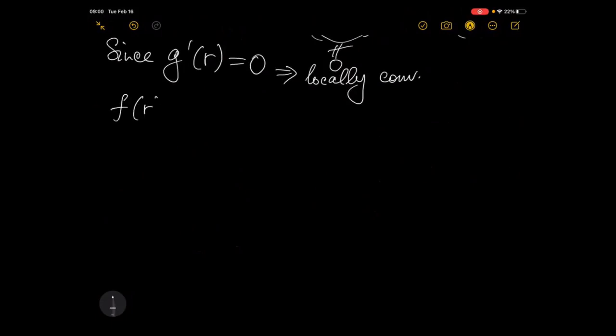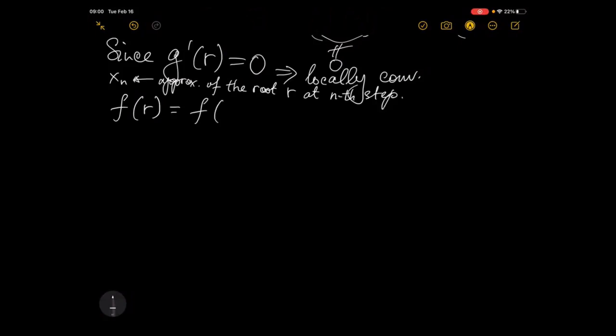Let's say we have x_n, the approximation of the root r at the nth step, just to remind you.